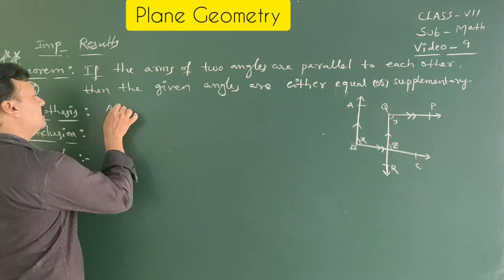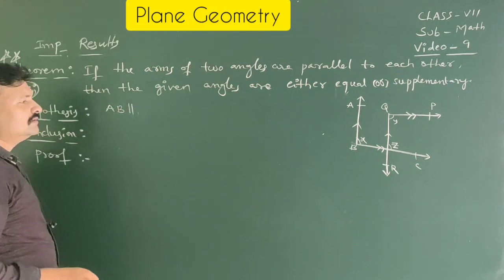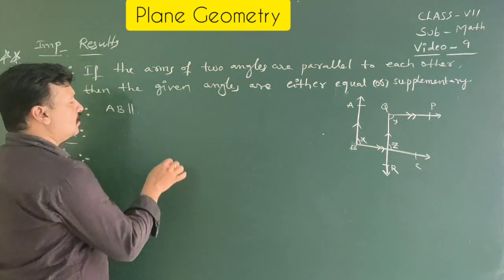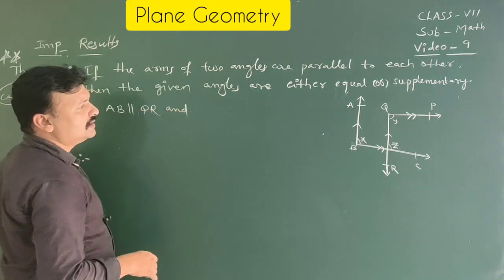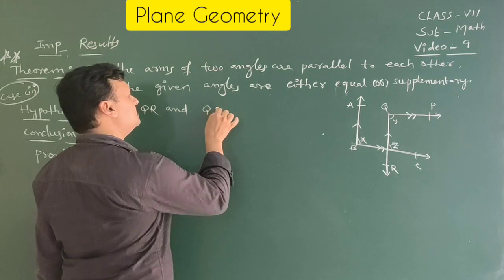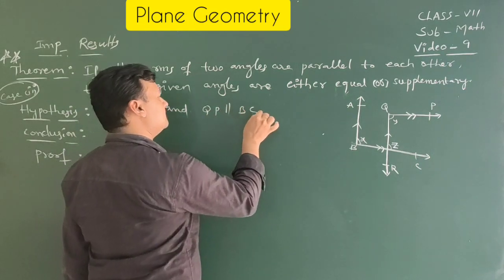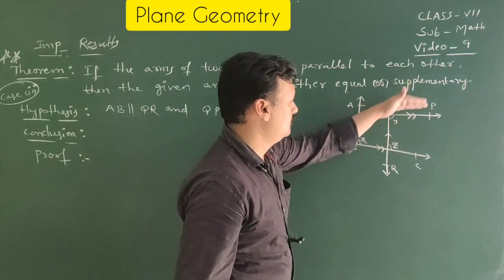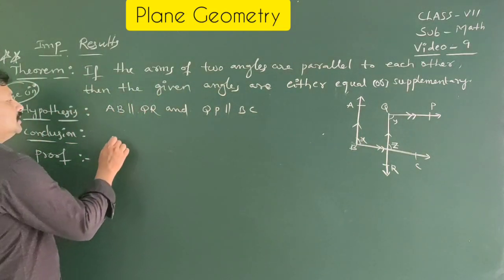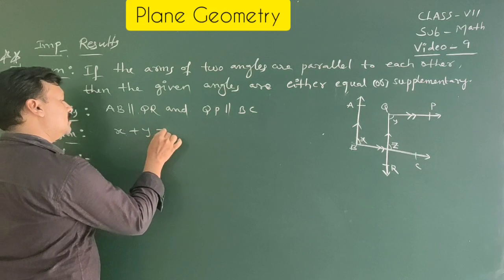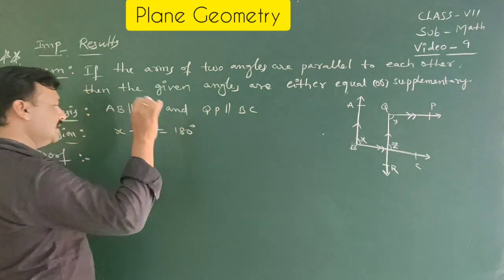Hypothesis: AB parallel to QR and QP parallel to BC. Conclusion: we need to prove X plus Y equals 180 degrees. In this case, they are supplementary.